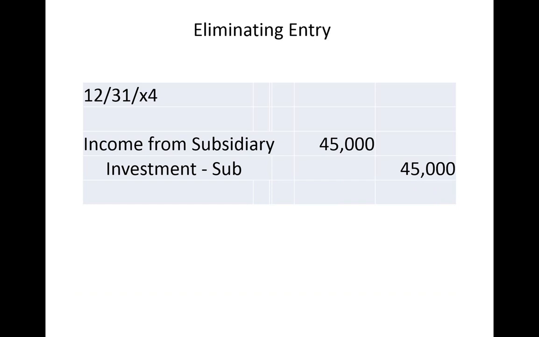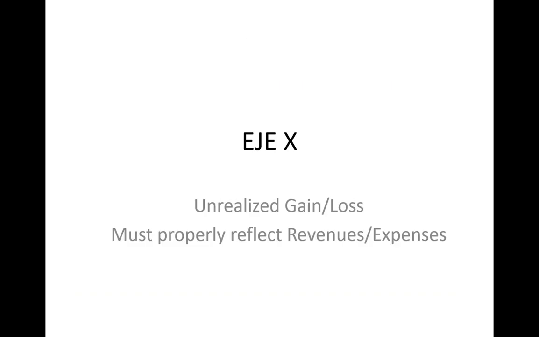Debit income from subsidiary, credit the investment sub. At this point, that deferred gain that we were just allowed to recognize during the year, we've undone the effects of that. So on the consolidated financials, there is no gain that is out there, and we're entitled to recognize that gain. And in fact, for consolidated purposes, we should recognize it because that transaction has been completed.